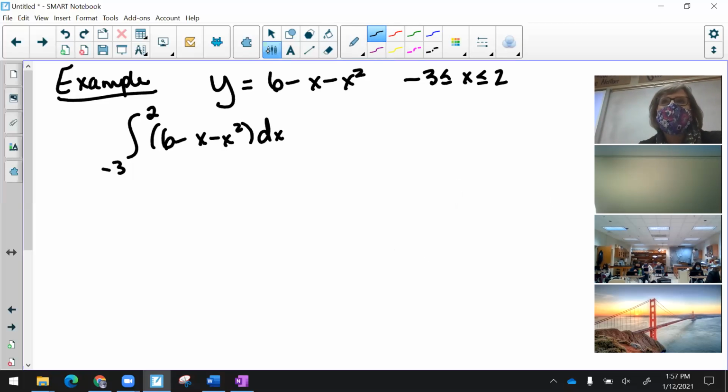So you guys figure it out. What is this area going to be? Give it to me as a fraction. I'll give you a hint. The denominator is 6.